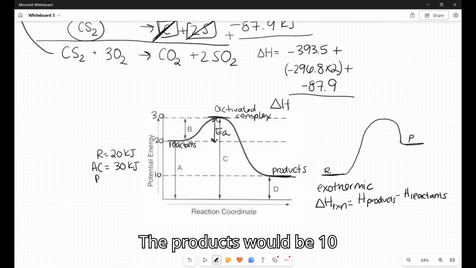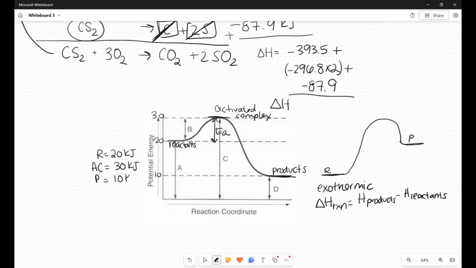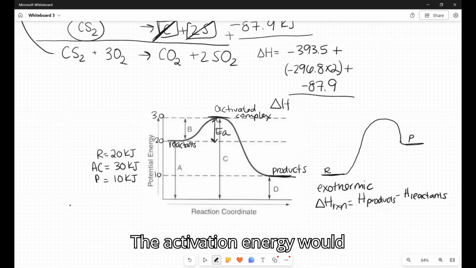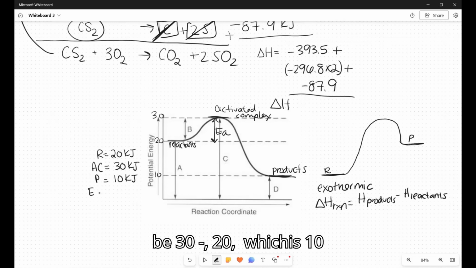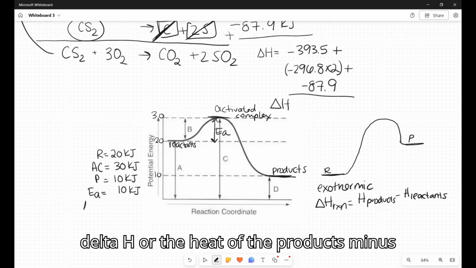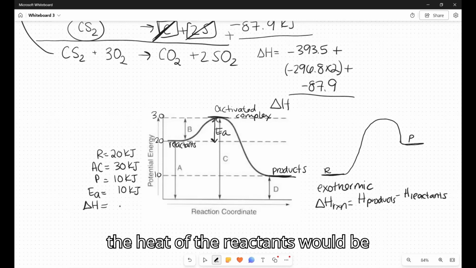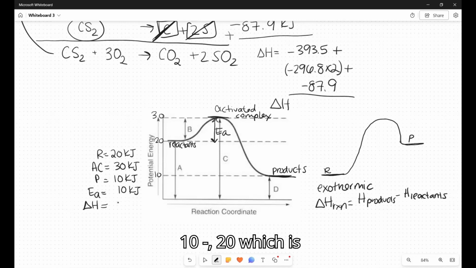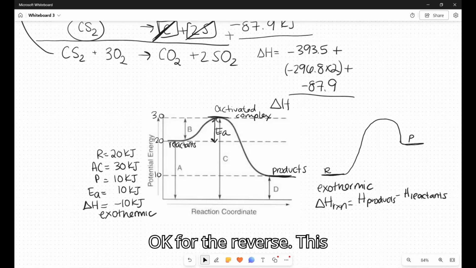The products would be 10 kilojoules. The activation energy would be 30 minus 20, which is 10 kilojoules. And the delta H, or the heat of the products minus the heat of the reactants, would be 10 minus 20, which is negative 10. So this would be conducive to an exothermic reaction.